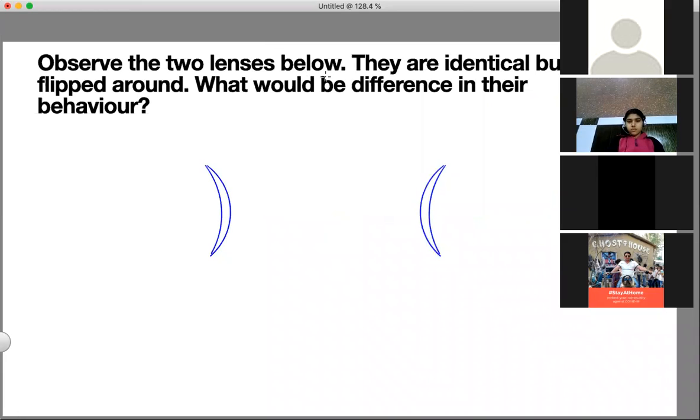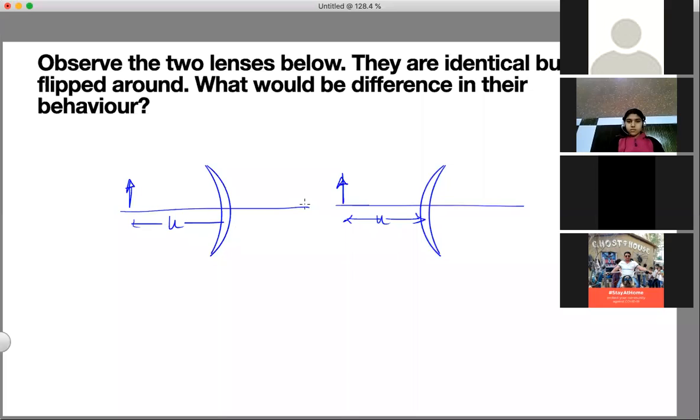Observe the two lenses below. They are identical, but they are just flipped around. What would be the difference in their behavior? मान लीजिए मैं at a distance u एक object रखता हूं, इसमें भी at a distance u same distance पे एक object रखता हूं, same object.